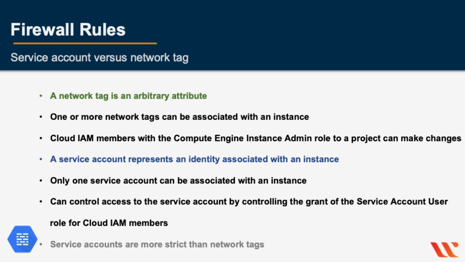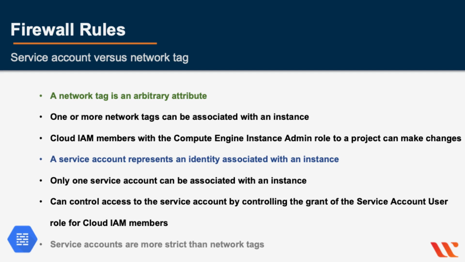So one or more network tags can be associated with an instance by any Cloud IAM member who has permission to change it. Whereas a service account represents an identity associated with an instance, and only one service account can be associated with an instance.